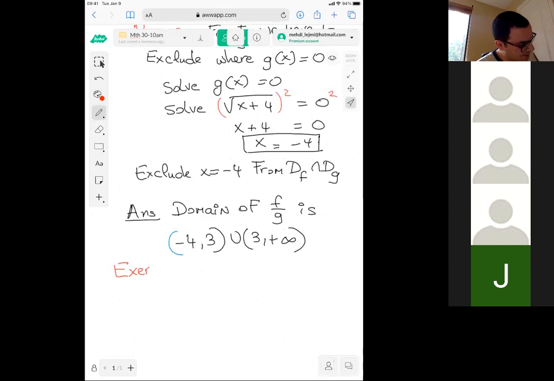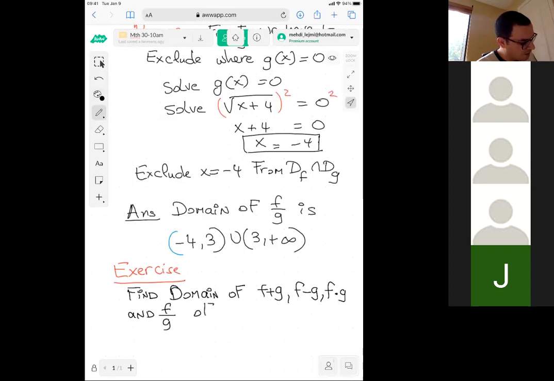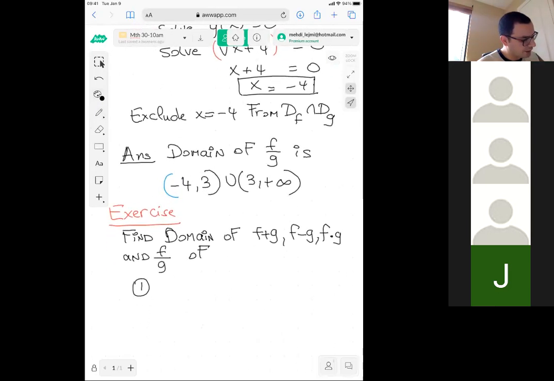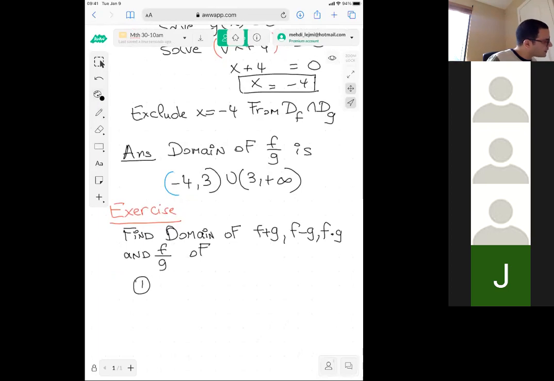So I can write my exercise right here. In this exercise, you need to find the domain of f plus g, f minus g, f times g, and f over g. Let's have two different problems.